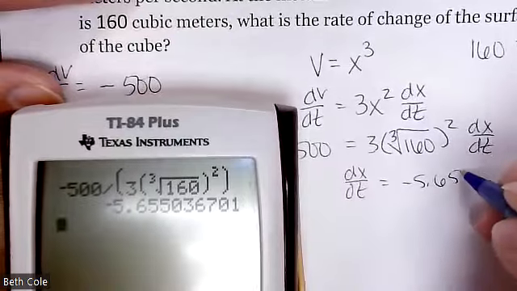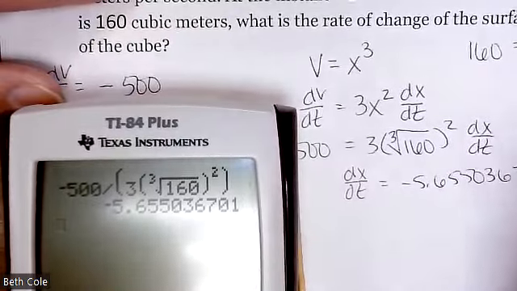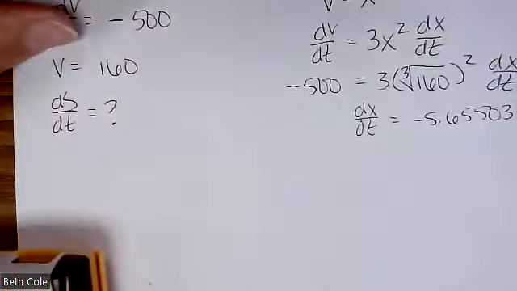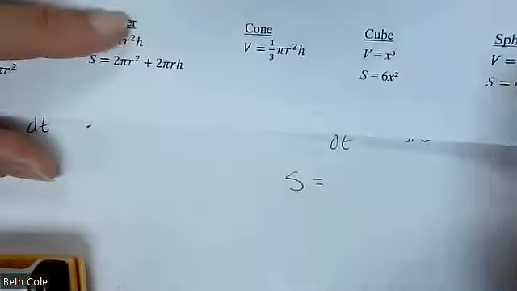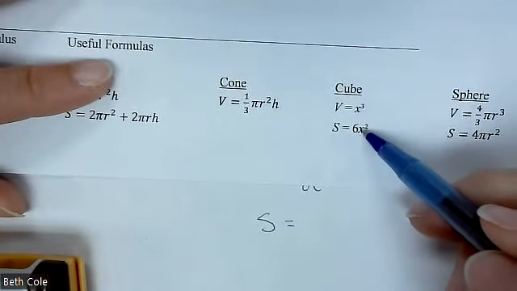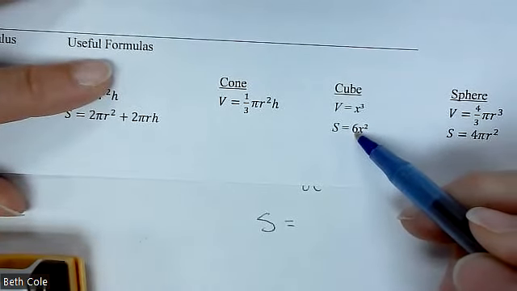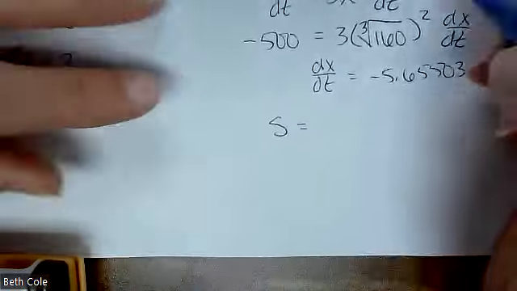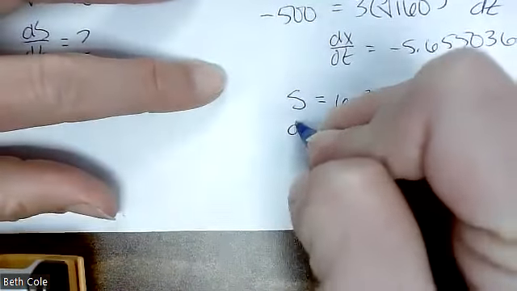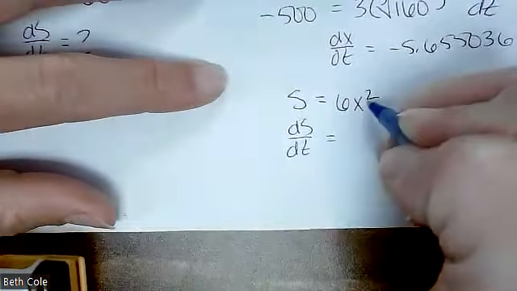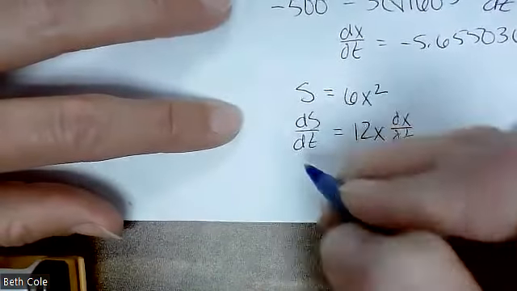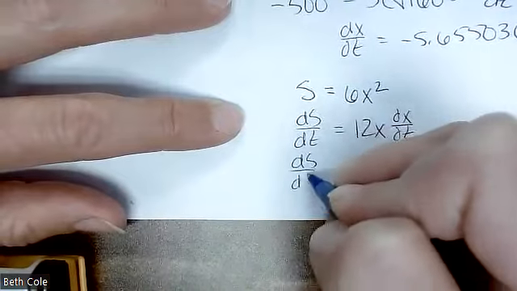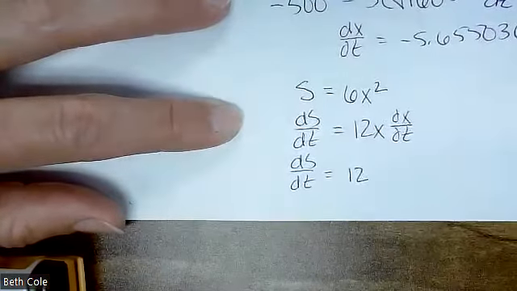All right. And then I'm going to get my surface area for a cube, which one side of a cube would be x squared, and a cube has 6 sides, so that's why it's 6x squared. And then do that derivative, ds dt is 12x dx dt. And then we're going to plug in. So what did we find?